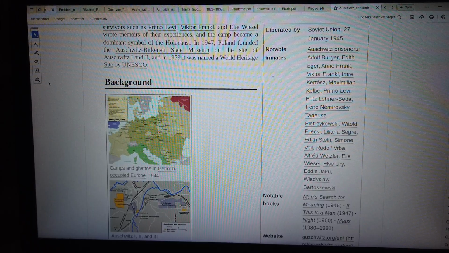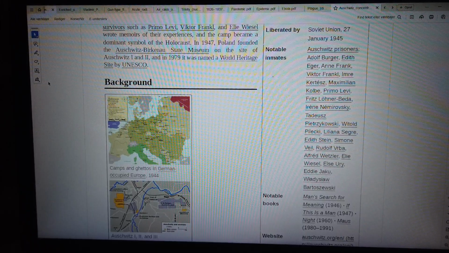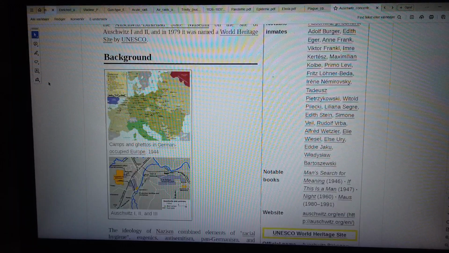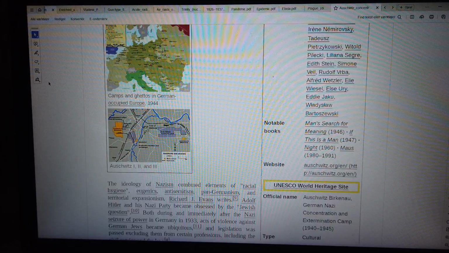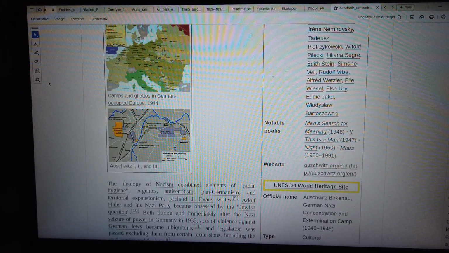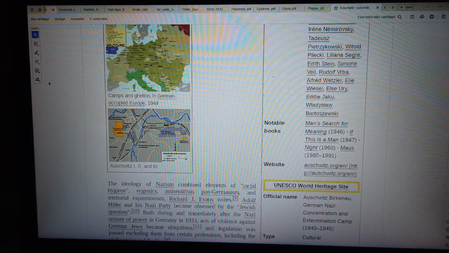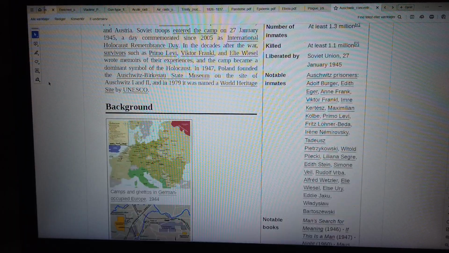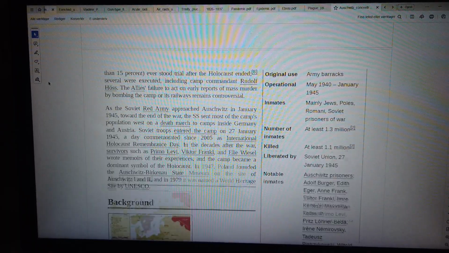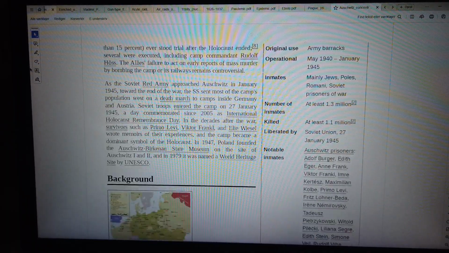Notable books: Man's Search for Meaning, 1946. If This Is a Man, 1947. Night, 1960. Maus, 1980-1991. Website: auschwitz.org/en. UNESCO World Heritage Site.